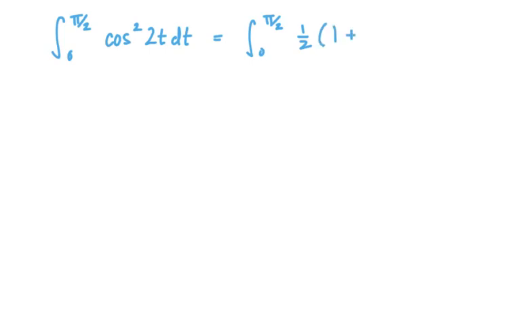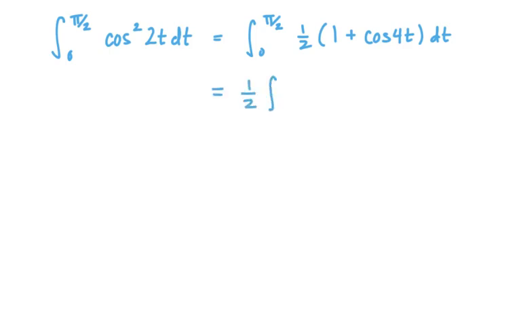If we were to do the integral from 0 to pi over 2 of cosine squared 2t dt, we would again use a double angle substitution. So this is 0 to pi over 2 of 1/2 times 1 plus, and we need to double that angle, 1 plus the cosine of 4t dt. So this piece is pretty easy for us to evaluate.